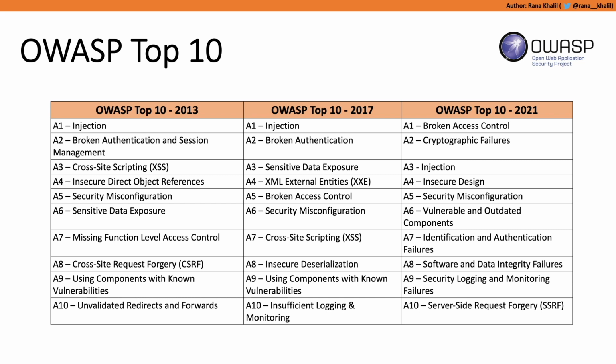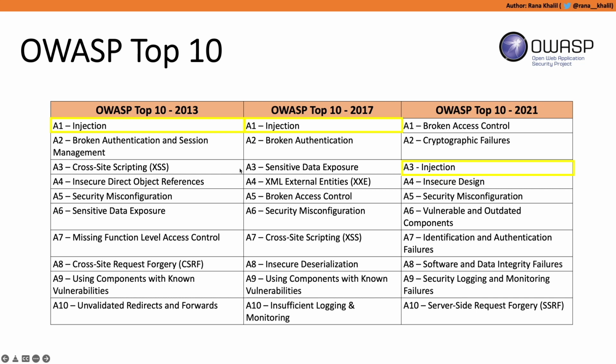So you could see over here, we've got the 2013 list, the 2017 list, and the 2021 list, which only came out a few months ago. And as you can see in the 2021 list, we've got command injection falling under the broad category of injection, which is the third most critical risk to web applications today. And this broad category has been around for a while, so you could see in the 2017 category, it was number 1, and in the 2013 category, it was number 1.